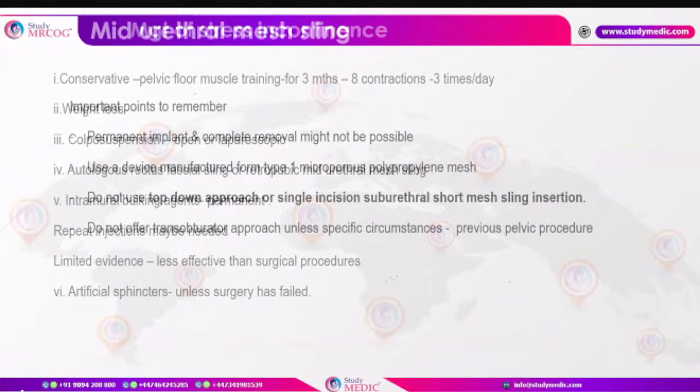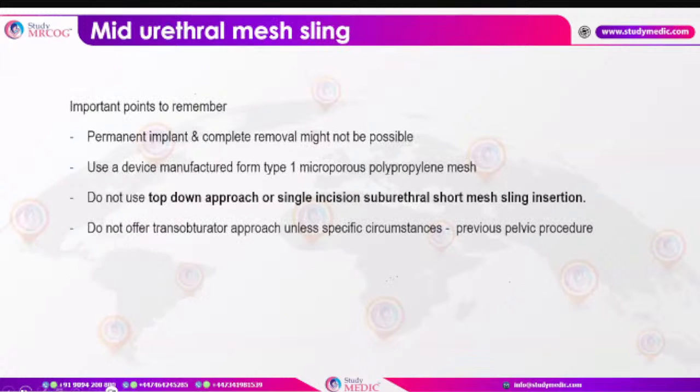A few important things to remember about the mid-urethral mesh sling is that these are permanent implants and complete removal might not be possible with them. The device that you are using should be manufactured from type 1 microporous polypropylene mesh.